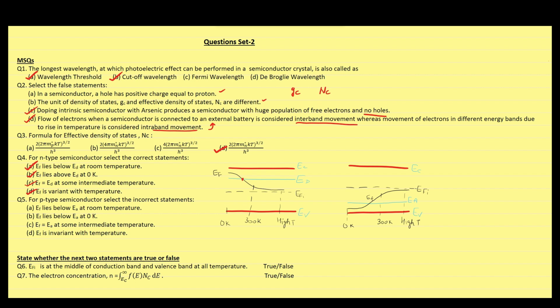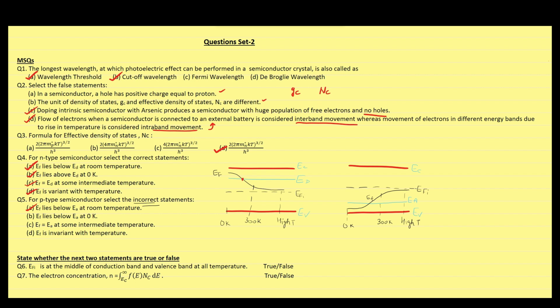The first important thing is that you have to select the incorrect options. The first option we have is EF lies below EA at room temperature. From the diagram, we can say that this statement is false.